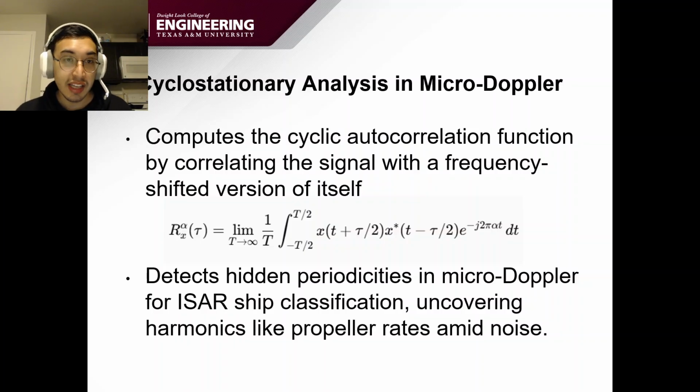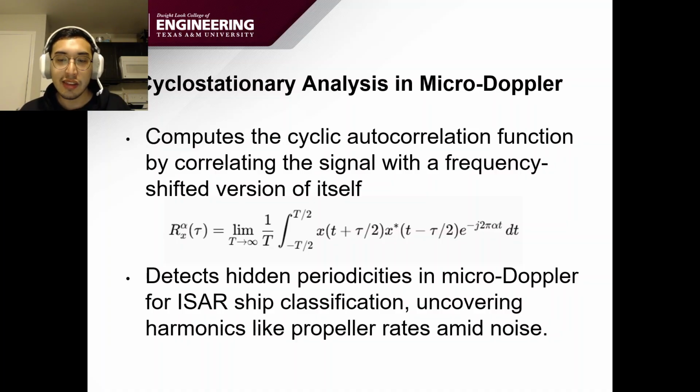Now, the next graph we're looking at is a cyclostationary analysis of the micro-Doppler. What this does is compute an autocorrelation by correlating the signal with its frequency-shifted version. So it's the same signal, just shifted over a little bit in the frequency domain.